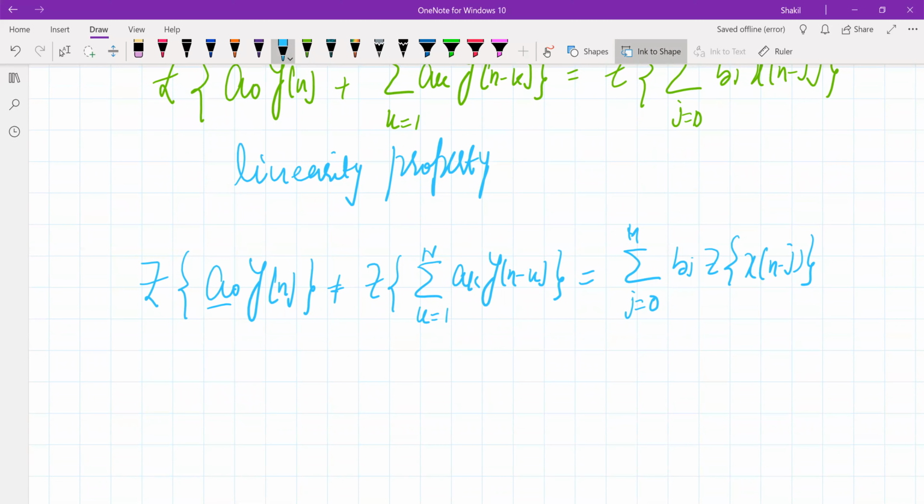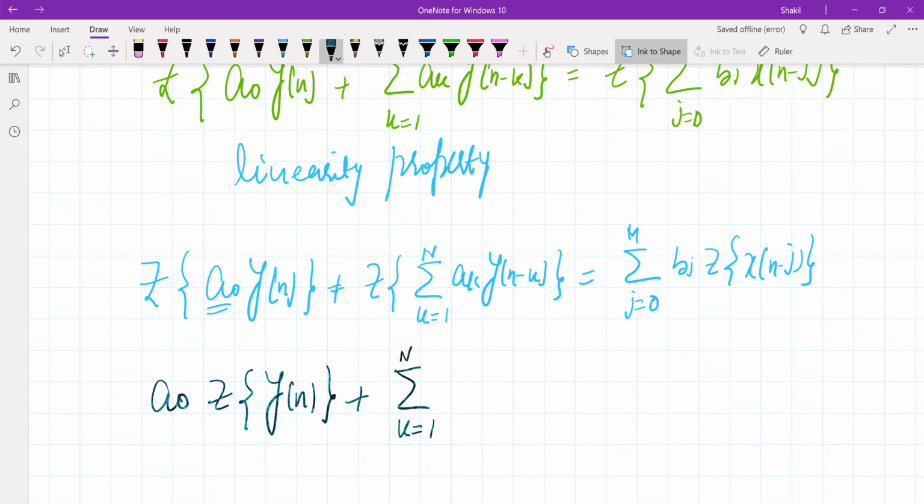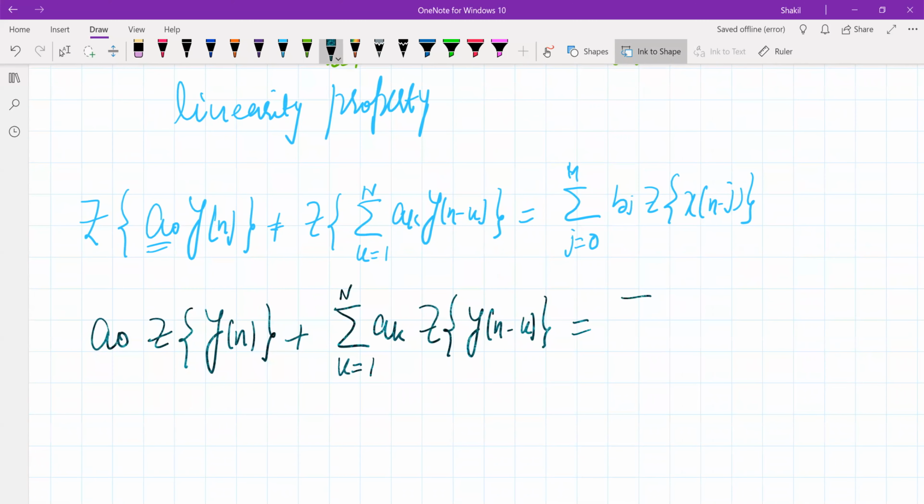If I take a naught outside, this will be simply a naught times the Z transform of y of n. And again, using the linearity property, I can take the coefficient a_k outside, and this will be the Z transform of y of n minus k. On the right side, this is the summation j running from 0 to m, b_j times the Z transform of x of n minus j.